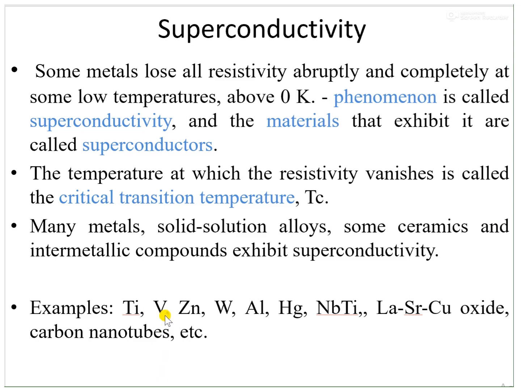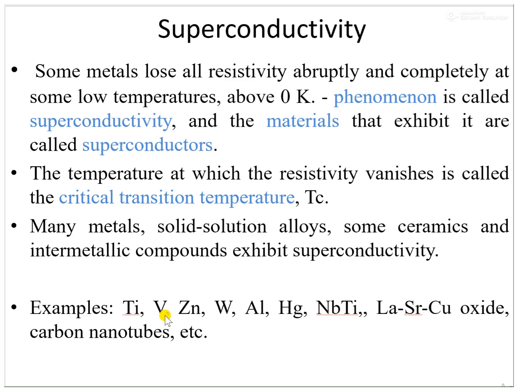Some metals lose their resistivity completely at low temperatures, close to 0 Kelvin. At that temperature, if metals lose their resistivity and become completely conductive, then this phenomenon is called superconductivity, and those materials are known as superconductors.